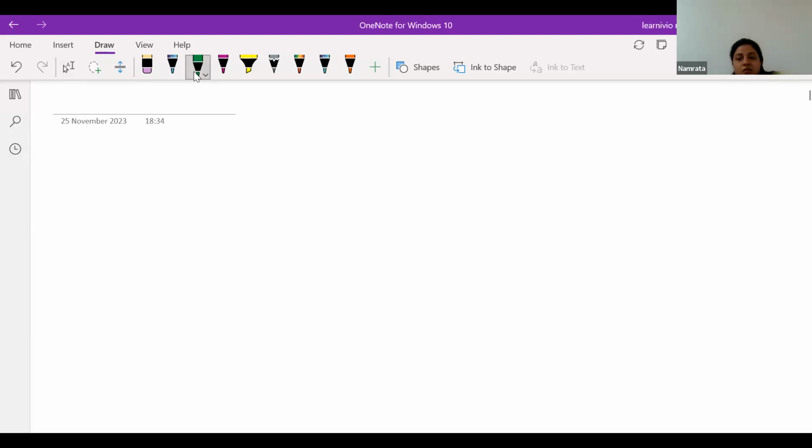Okay. So let's start with the quadrilateral. If you are not having the idea about quadrilateral, then just give me a moment.